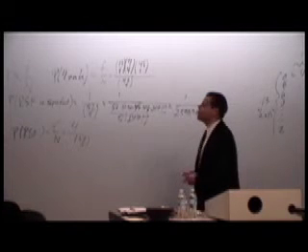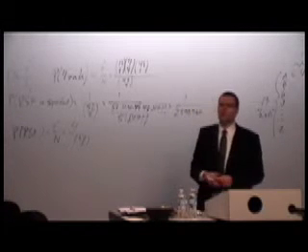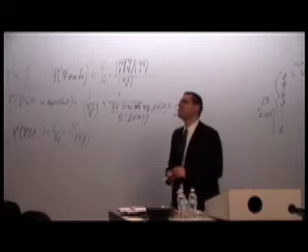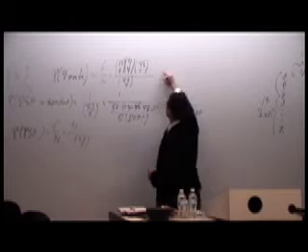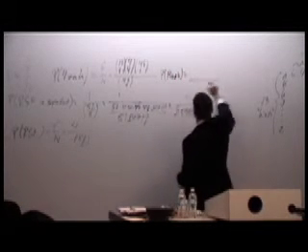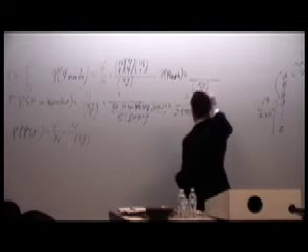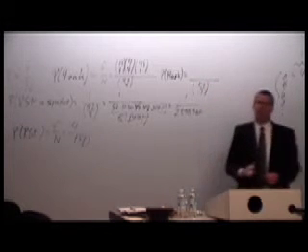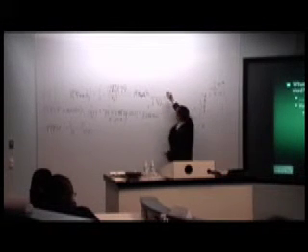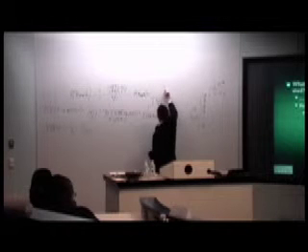How about a flush? All cards of one suit. It's still 52 choose 5 down here, right? How many hands exist that constitute a flush? 13 choose 5, so out of the 13 cards you have, you need 5.